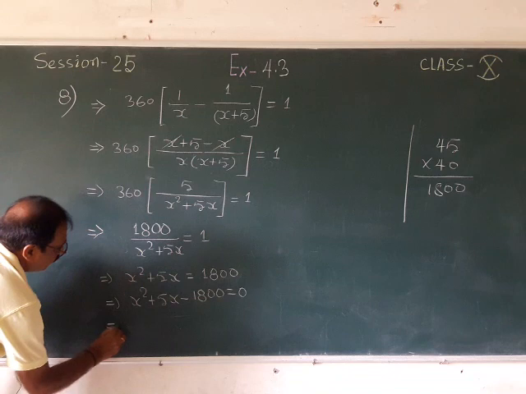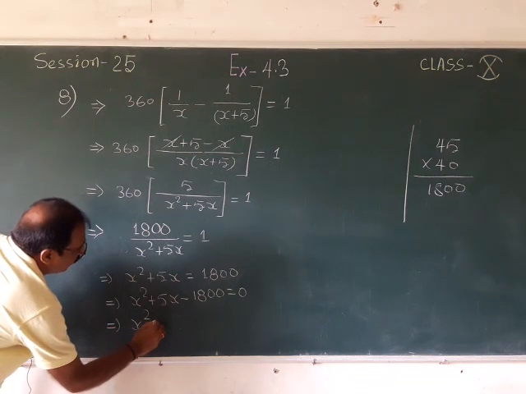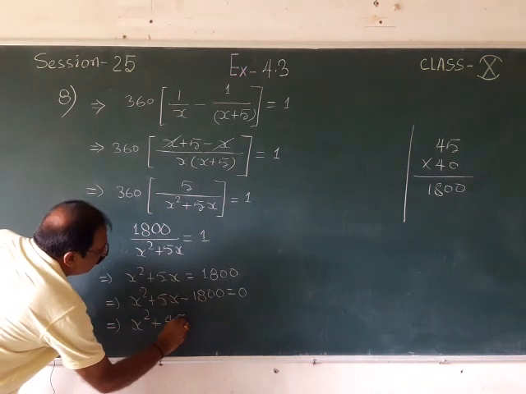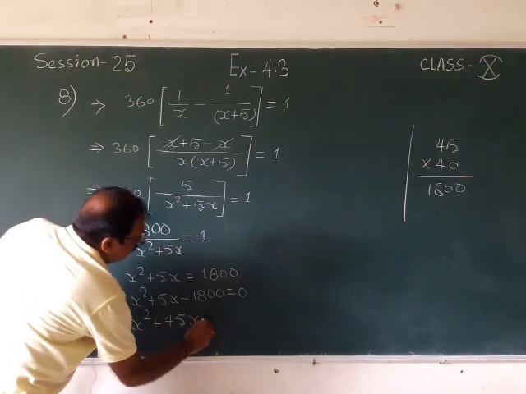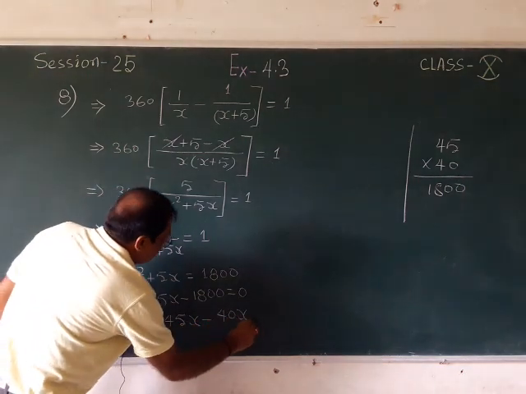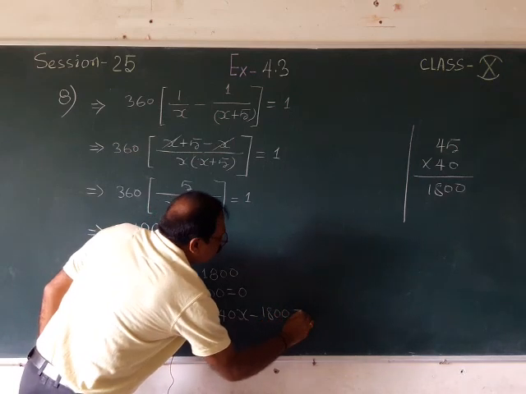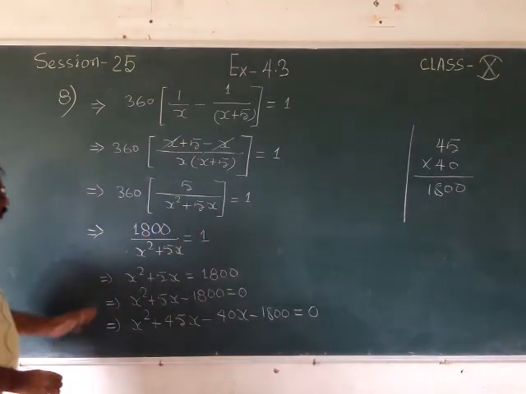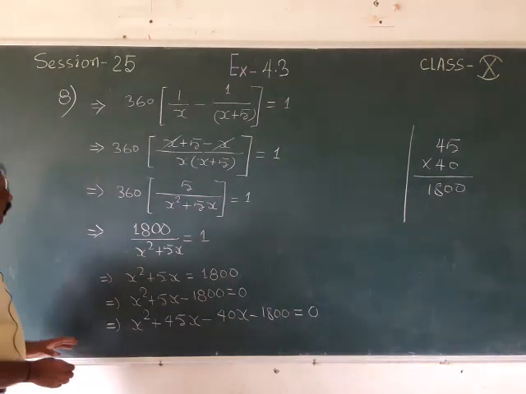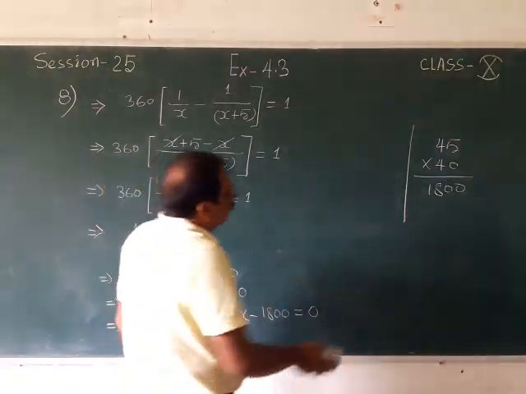So I can write it like that: x square plus 45x minus 40x minus 1800 equal to 0. So here the middle term splitting rule is useful to solve this equation.